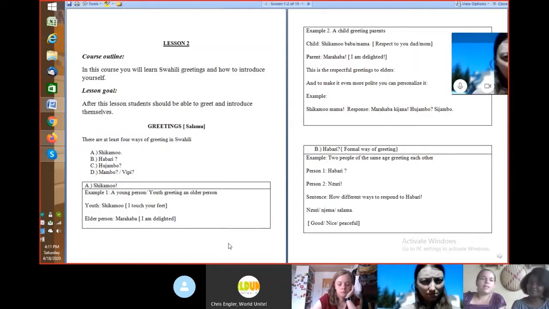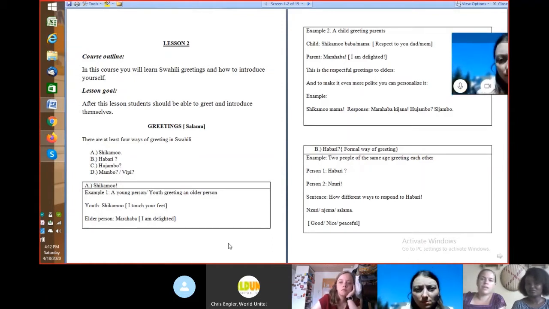Shikamo, for example, is the most polite greeting you can give, but only to elderly people, people who are older than you. You cannot greet a child with shikamo. Shikamo comes from the Arabic language, and the meaning of shikamo is, Yana, do you know that? It's something like I'm touching your feet.